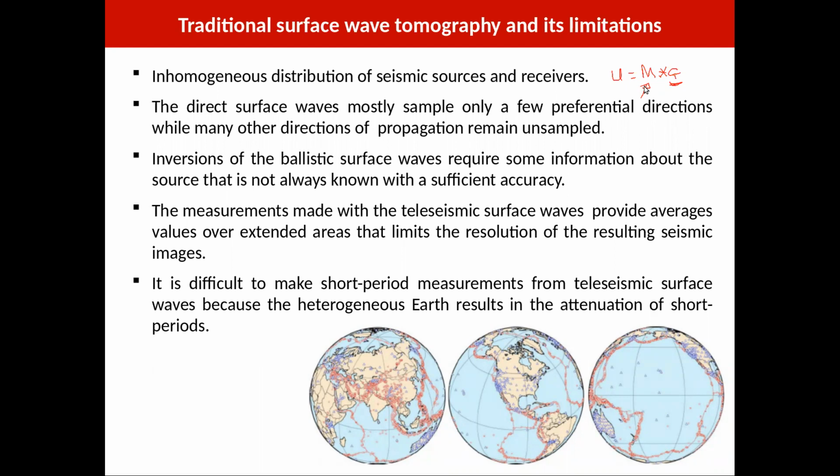Sometimes this information is not known accurately, and in this case it affects the travel time estimation. So your estimate of the elastic parameters won't be that accurate because of the errors coming from the earthquake data. So this is another limitation.